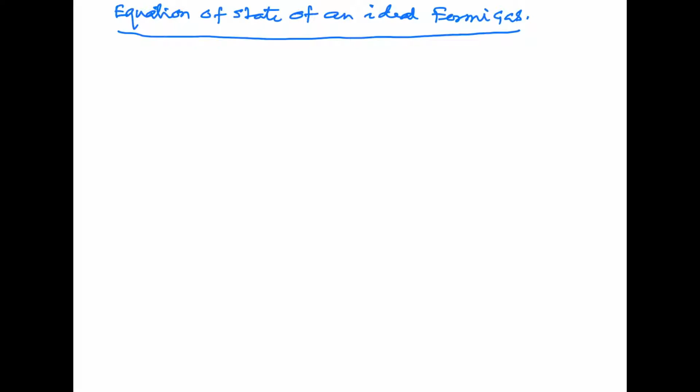Ideal Fermi gas is constituted by non-interacting Fermi particles, fermions. These Fermi particles have half integral spin. They obey Pauli's exclusion principle.